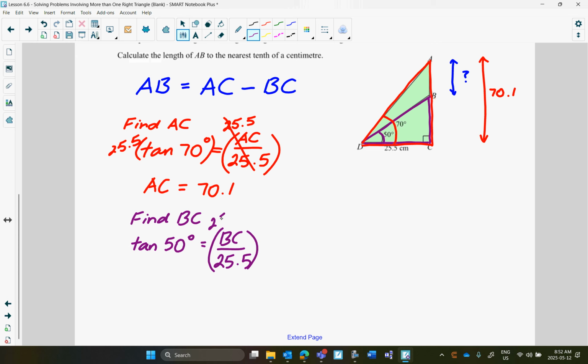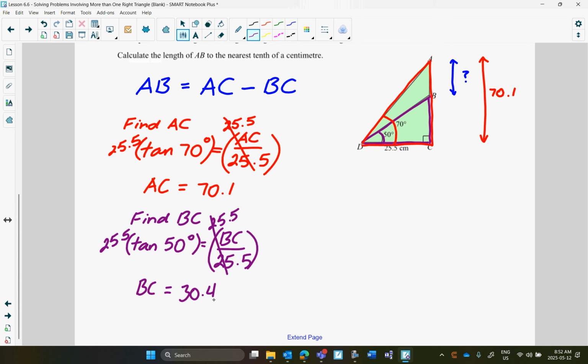Multiply both sides by 25.5, and that gets BC by itself. Therefore, BC works out to approximately 30.4.